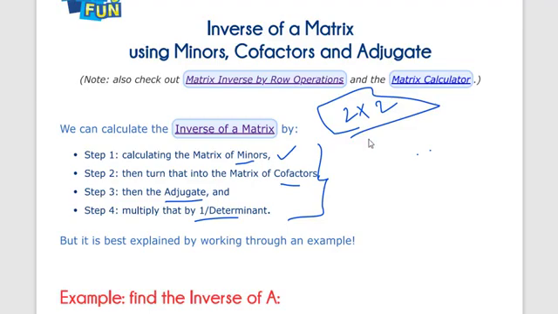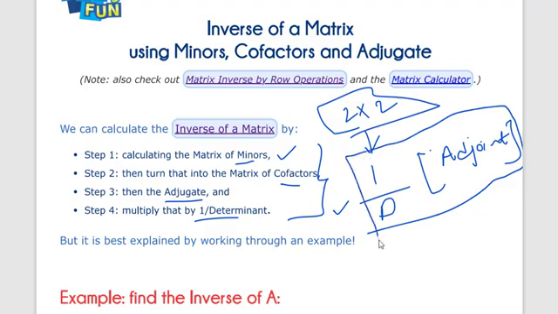It's simple: 1 by the determinant times the adjoint of the matrix. In a 2 by 2 matrix, it is easy to find the adjoint.